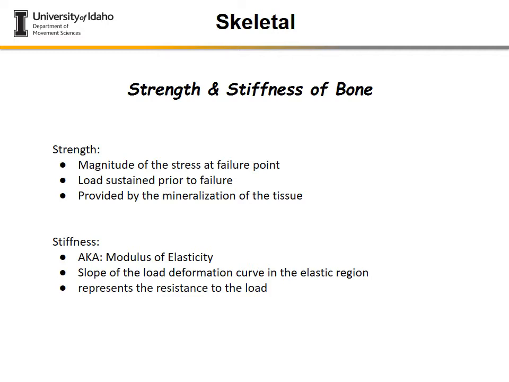This value is the magnitude of the load just prior to failure. The stiffness of a material is represented by the load deformation curve in the stress-strain graph. The stiffness of a material represents the material's resistance to change in shape in response to the load being placed on it.